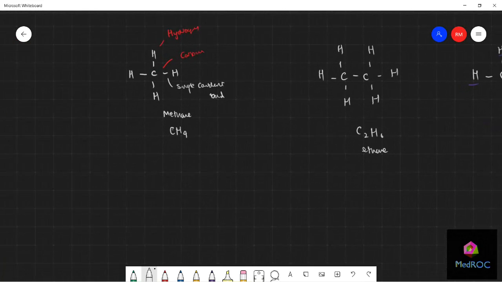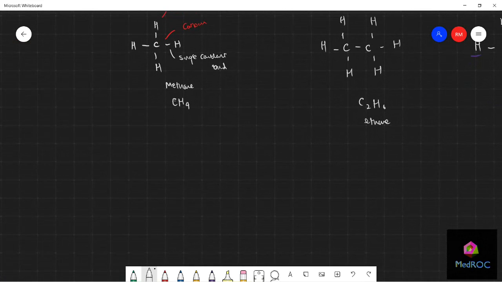But what we really want to be looking at today is how can we name some alkanes with a higher number of carbons. So we have 6 carbons here. 3, 4, 5, 6. 1, 2, 3. And we'll put these in a different color so they can stand out more, so you can see the difference between the carbons and hydrogens.